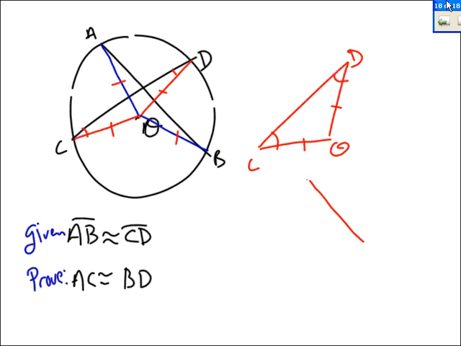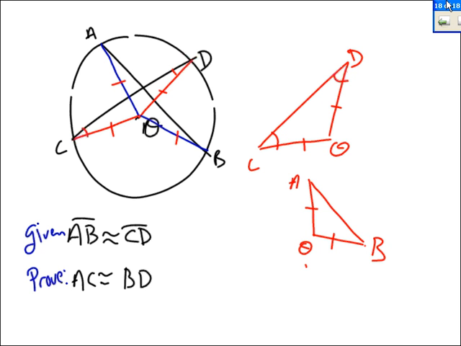And then we have ABO. Let me try to draw it somewhat believable to their diagram. And we know that AO and BO is the same as CO and DO.